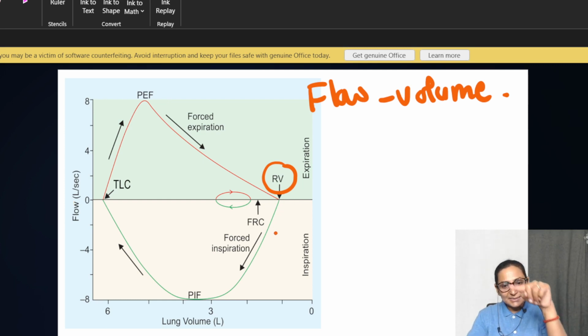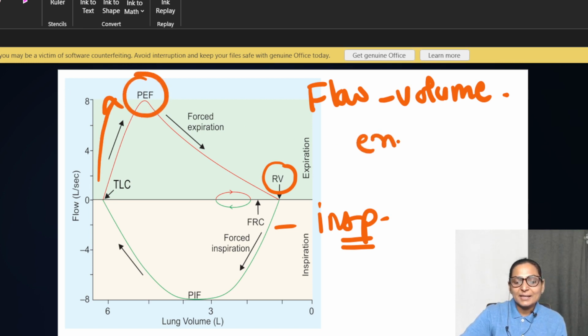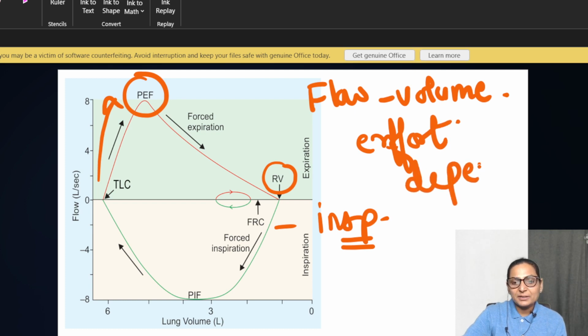So from the baseline, when we go down, this is inspiration, and this above is expiration. This portion up to the peak of PEFR is called effort dependent. That means if the person expires forcefully, the height of PEFR can be increased.